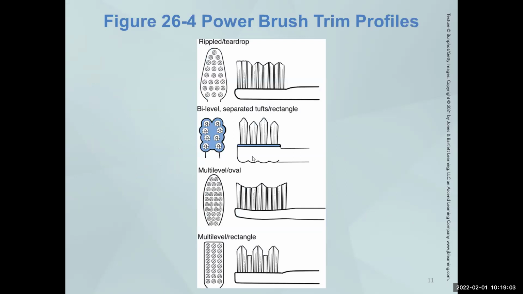So this is from the 80s. It was called the Interplaque, and this is the toothbrush that allowed science, they had science behind them that brought power brushes back into favor. Before it was like, don't waste your money. Okay, they had these tufts, and each tuft rotated in a different direction, which was really cool.